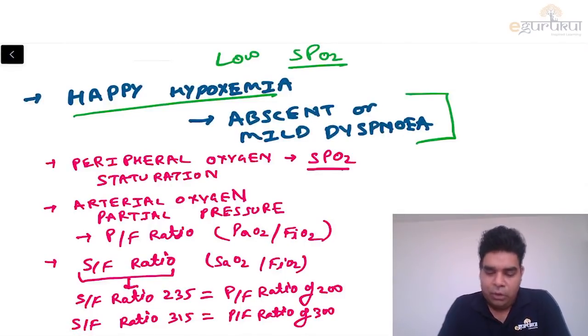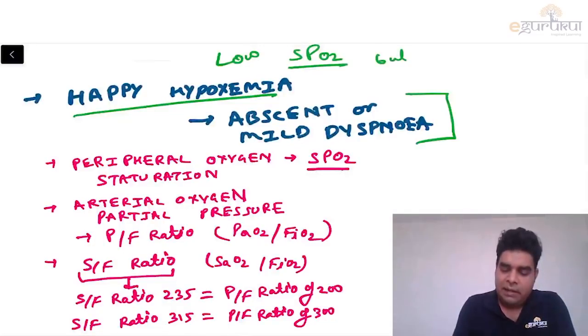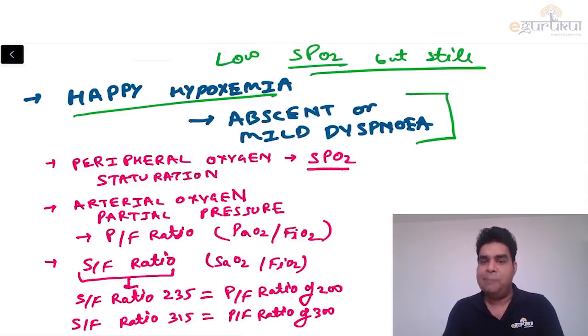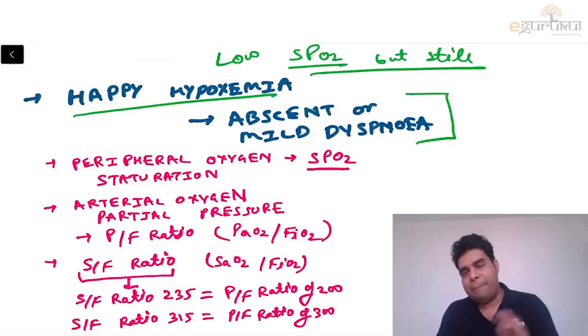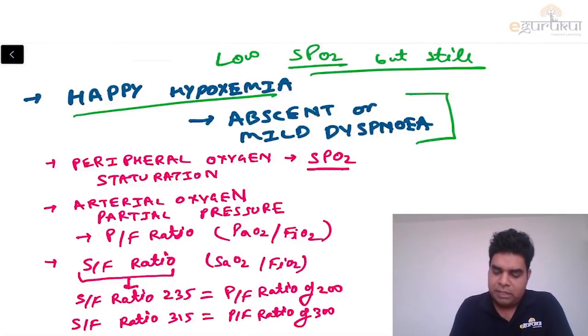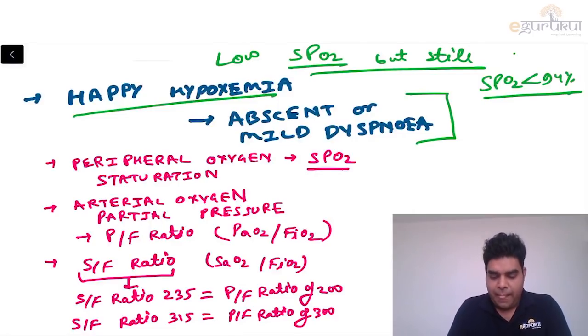So that can be low, but still the patient does not have any dyspnea. That is known as happy hypoxemia, in which there is absent or mild dyspnea in spite of having low SpO2. Low SpO2 we characteristically say when SpO2 is less than 94%. Then we say it is low.